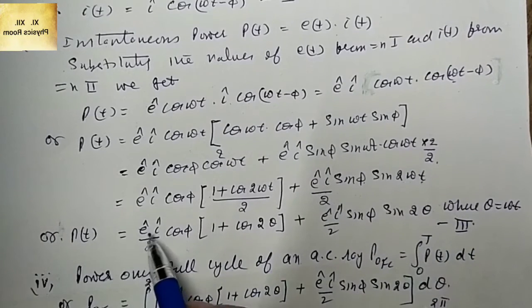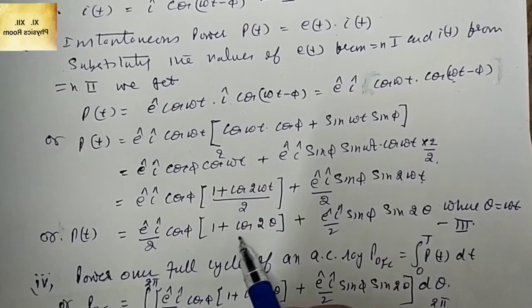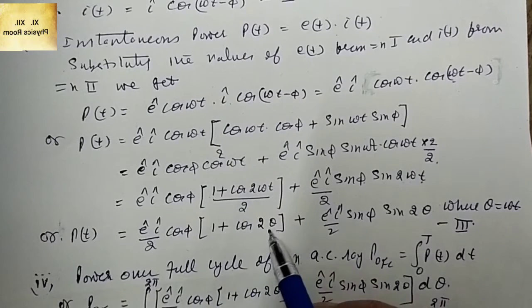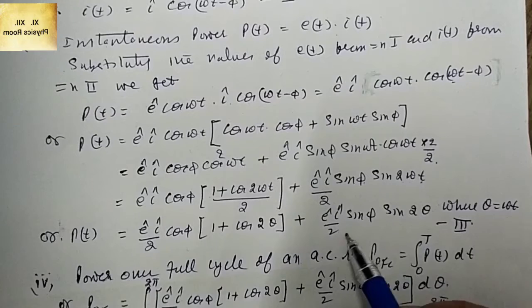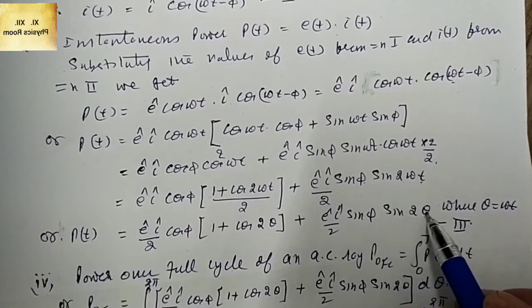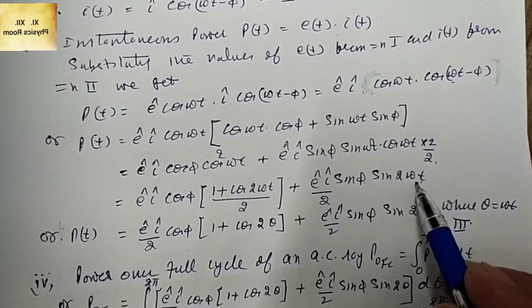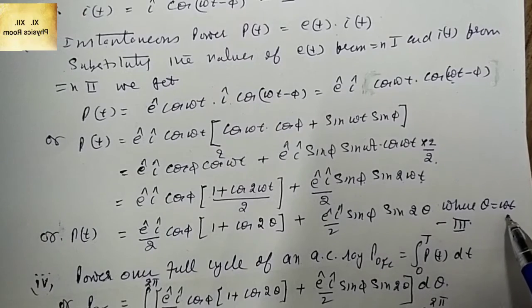Or p(t) is equal to E max I max by 2 cos phi into (1 plus cos 2 theta) plus E max I max by 2 into sin phi into sin 2 theta, where we replace omega t by theta, where theta is omega t.